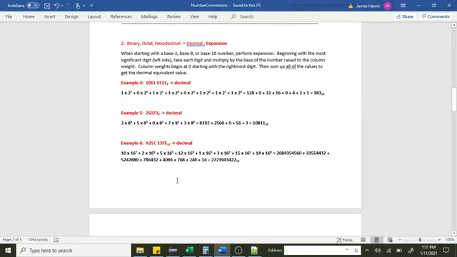You're reading a number from left to right, taking each digit in order, and multiplying it by the base raised to the power of the column weight. And again, all the columns start on the right at column weight 0, and they go all the way up till the end of the number. So this one goes 0, 1, 2, 3. This has column 4, and this has column 7 again.